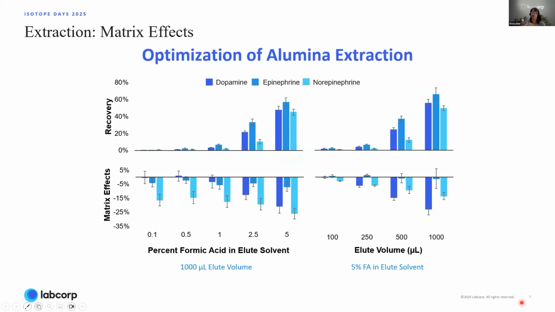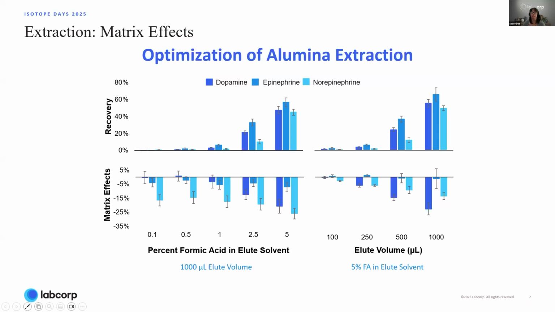And then we wanted to keep optimizing to try to get more and more sensitivity for dopamine. We optimized the percent formic acid in the elute solvent, and we got to 5%. And then we optimized the elute volume using that new percent formic acid, and we got a 500 microliter volume.